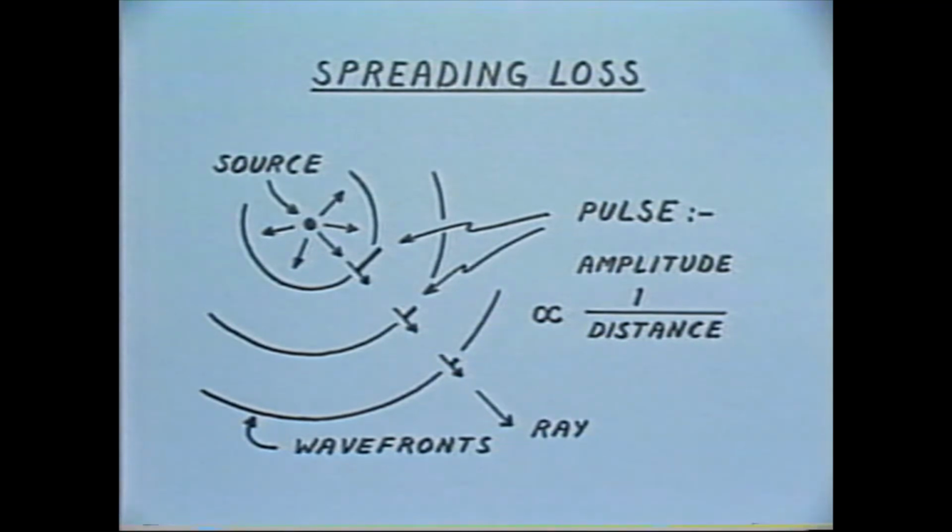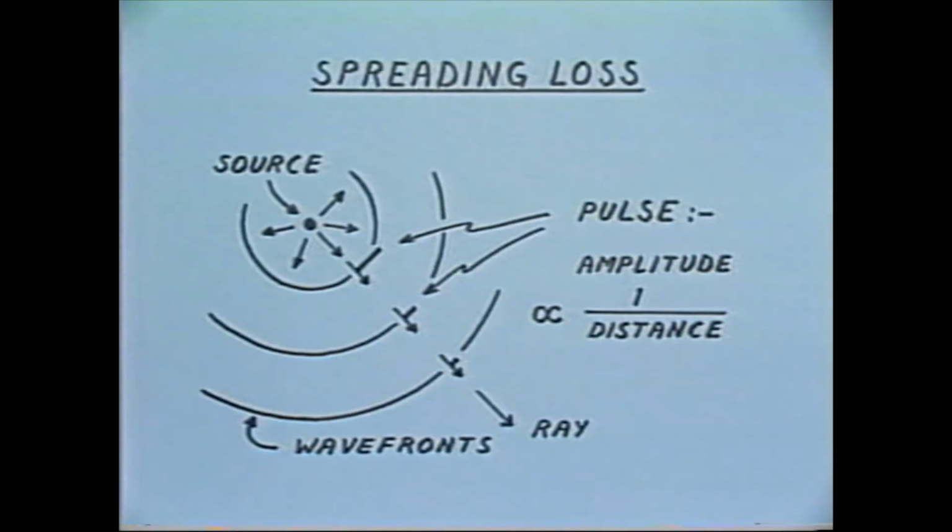This is due to the fact that, of course, a certain amount of seismic energy leaves the source, but as the wave fronts increase in area as they travel further away, that same amount of seismic energy is distributed over a larger and larger surface, and therefore the amplitude of the waveform at any particular point on that surface along a ray path decreases, because the energy has been spread more thinly, so to speak, over the surface.